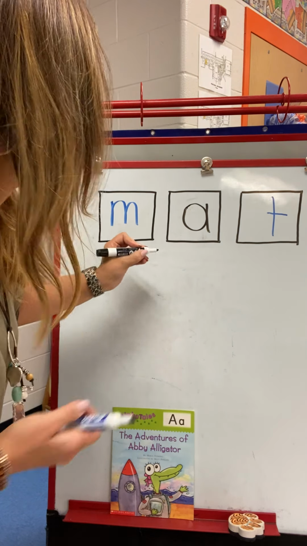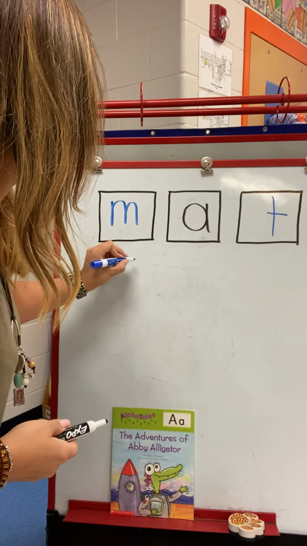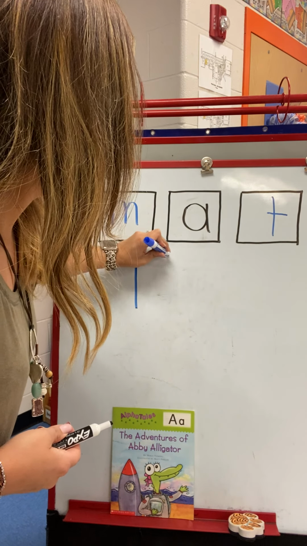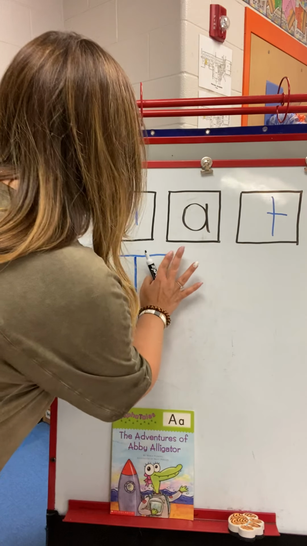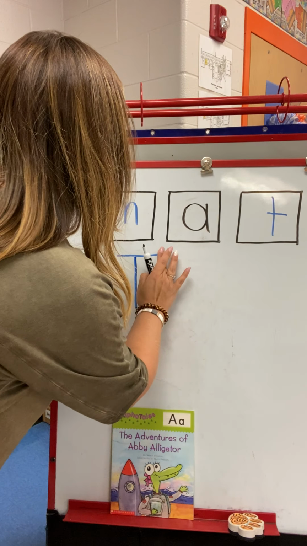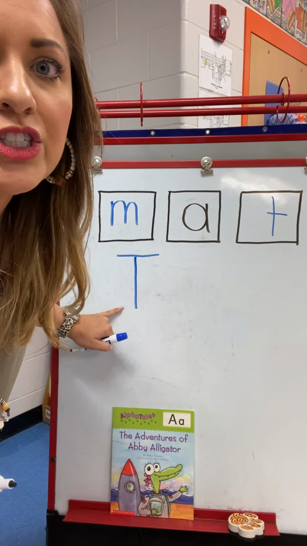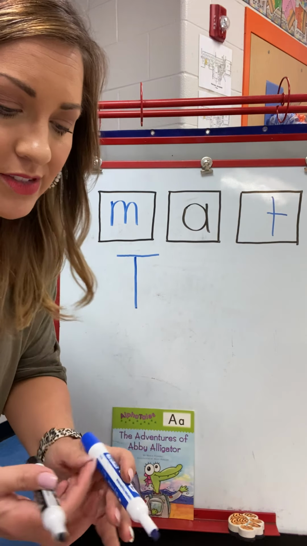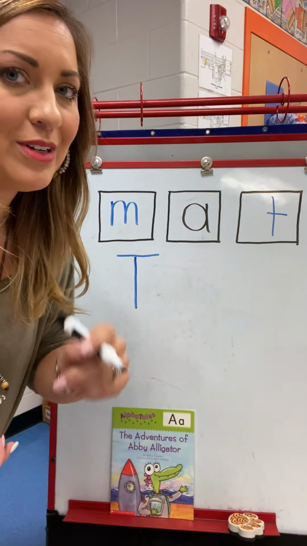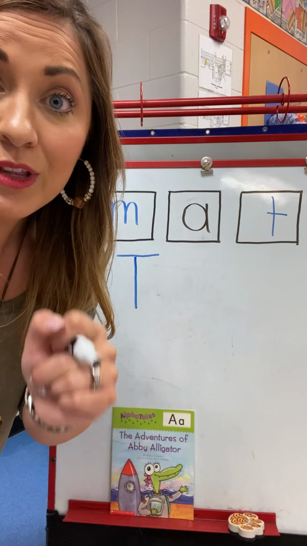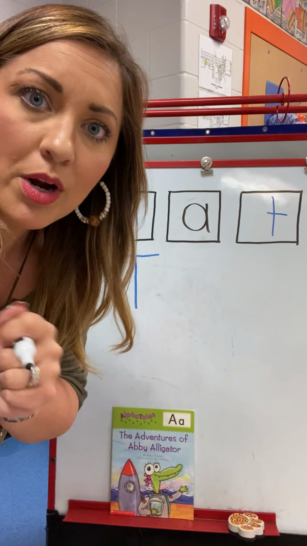The beginning sound in her name is T, and it's a name. So I'm going to use the capital T, because we always use a capital letter at the beginning of someone's name. Just like when you practice writing your name on your name sheet, you use a capital letter first, and then the rest are lowercase.